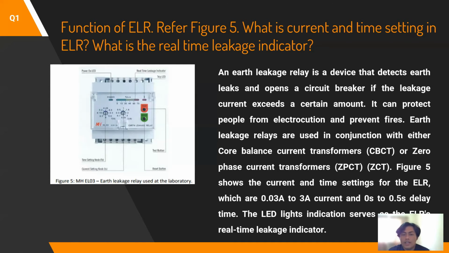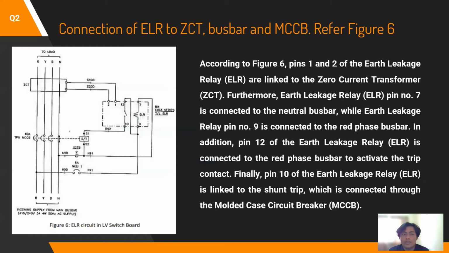Next, we proceed with question number 2, which is the connection of the ELR to the zero current transformer, bus bar, and the MCCB. According to figure 6, pin number 1 and pin number 2 of the earth leakage relay are linked to the zero current transformer ZCT.